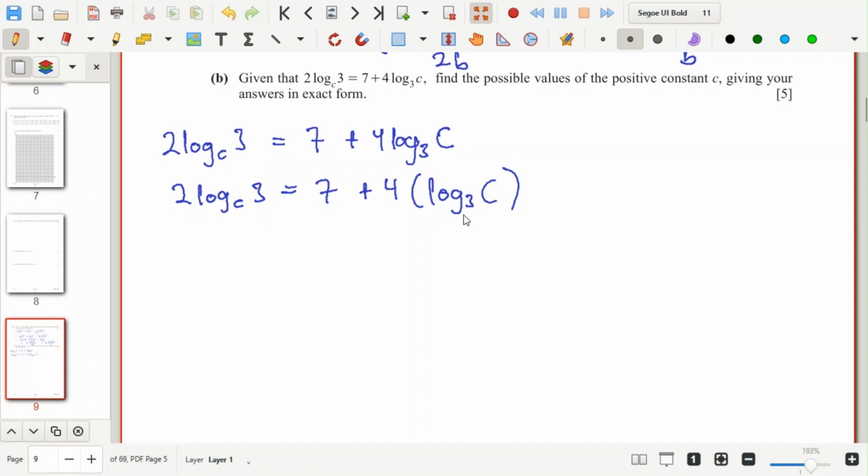Now, if you are doing that, you just write logarithm at the top, logarithm below. Then what's your big expression? That's c. What is the small expression? That is 3. Then what are you converting to? I want to convert to base c. So I just write c here, c here. Not difficult, right?